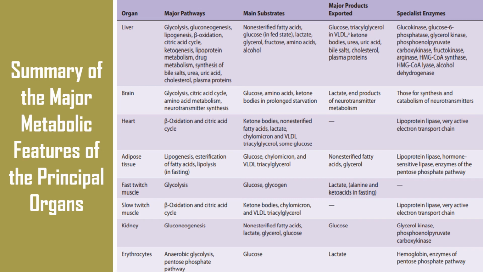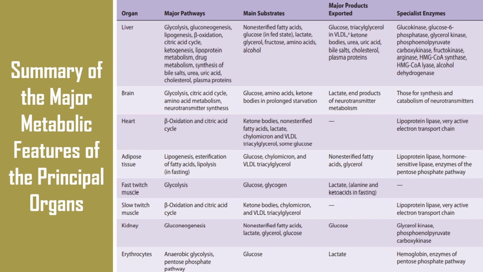Specialist enzymes are those for the synthesis and catabolism of neurotransmitters. In the heart, beta oxidation and the citric acid cycle are the major pathways. Main substrates are ketone bodies, non-esterified fatty acid, lactate, chylomicron and VLDL triacylglycerols, and some glucose. Specialist enzymes for the heart are lipoprotein lipase and a very active electron transport chain.